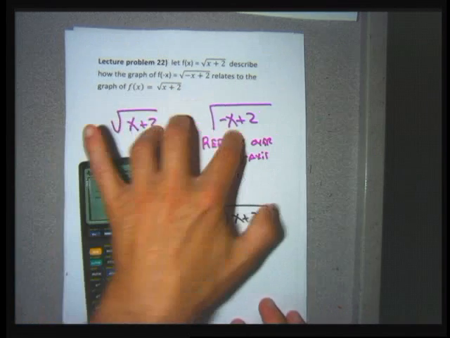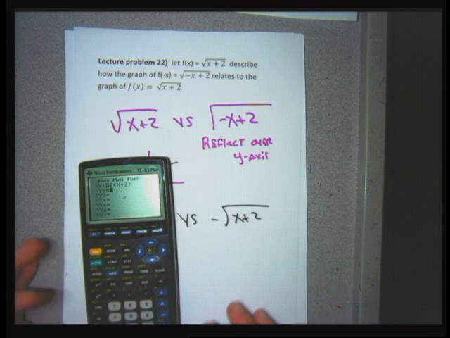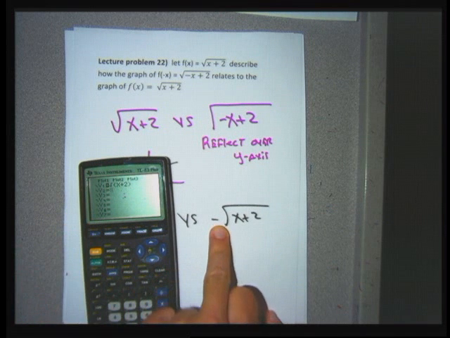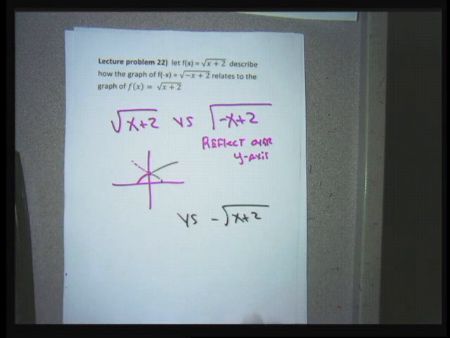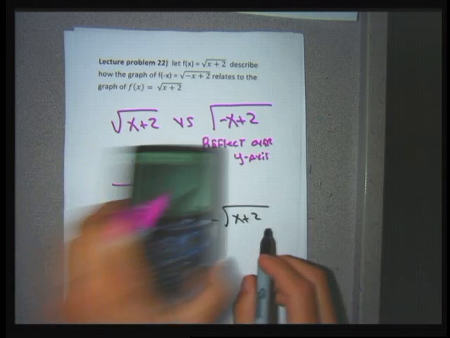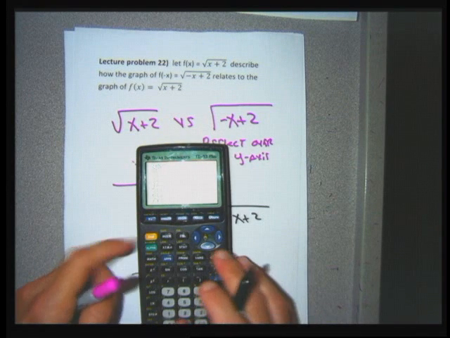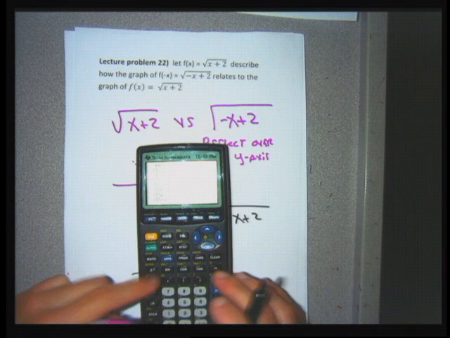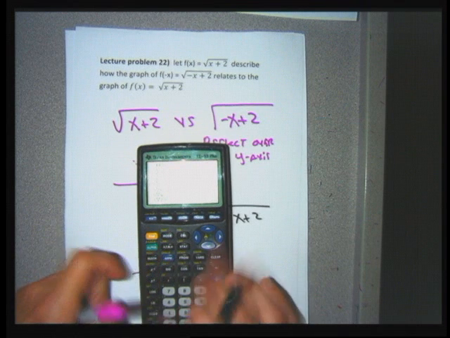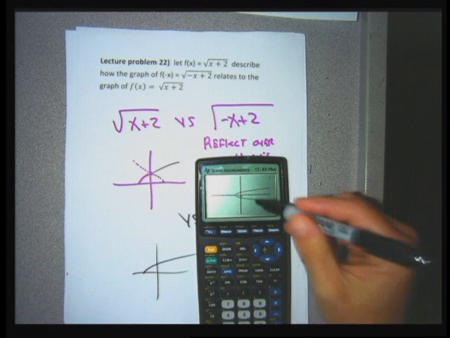It's harder to see with a more complex function; y-axis reflections are just harder to see in general. Now if I compare the square root of x plus 2 to the negative square root of x plus 2 and hit graph, you'll see that it still just gets reflected over the x-axis.